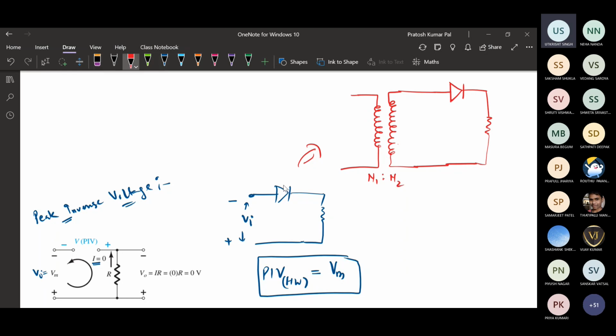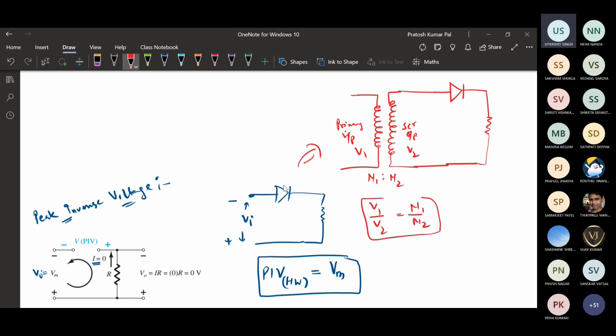Here this is the primary input, and this is the secondary output. Suppose this is v1 and v2. So v1 and v2 have a relation with the number of turns. Here n1 and n2 represent the number of turns in the coil, so it is n1 divided by n2.